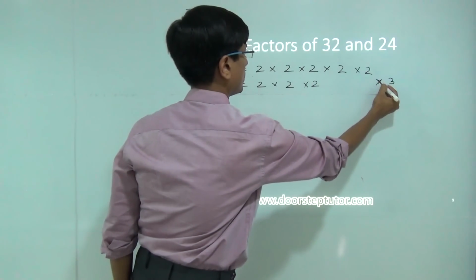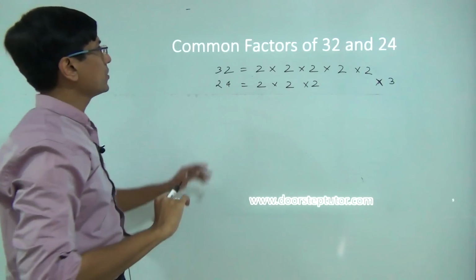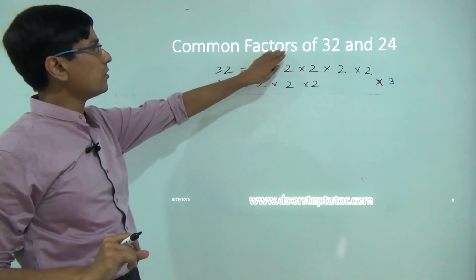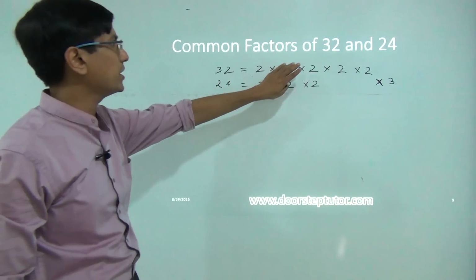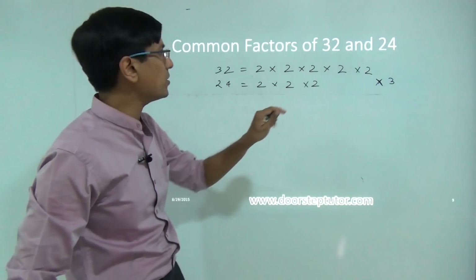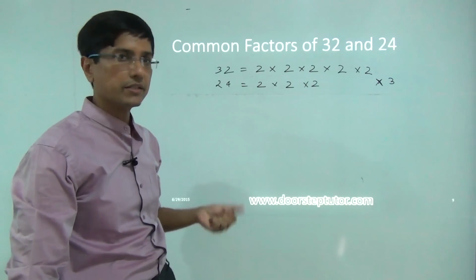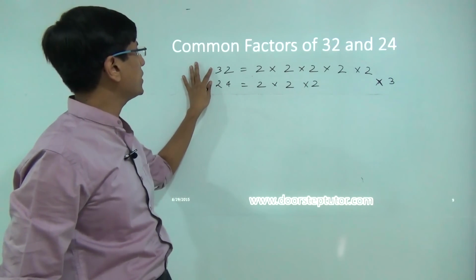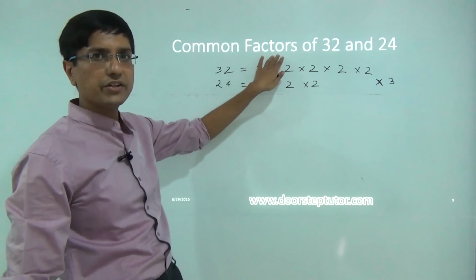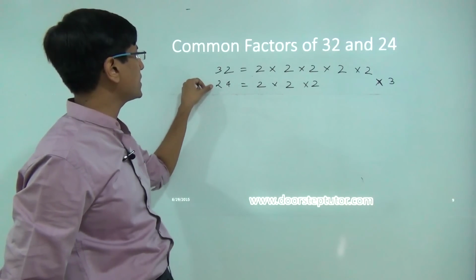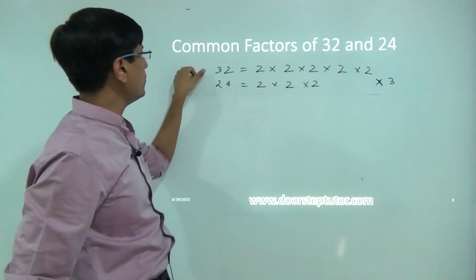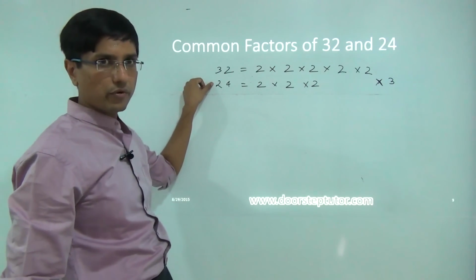This is something I can write. Now I am trying to find some common factors of 32 and 24. I'm trying to find some numbers which can divide both 32 and 24. That is the definition of common factors. Factors can completely divide the number, and I'm trying to find common factors of 32 and 24.